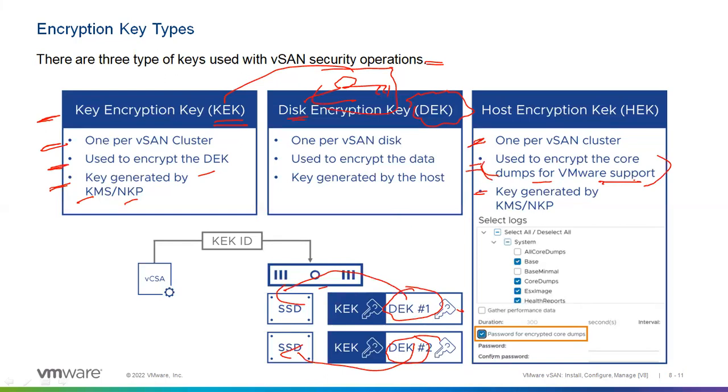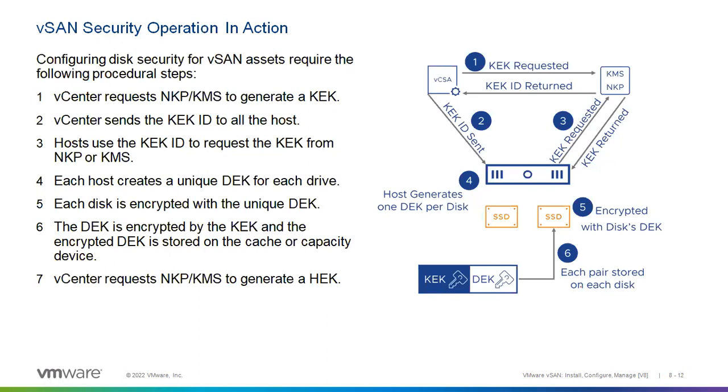Here you enable a password for encrypting the core dumps and the logs you want to send in encrypted format to VMware, and they will decrypt them. Just put the password. Unless they give the password, they will not be able to read all these dumps created by your vCenter server or by your ESXi host. Okay, sir.